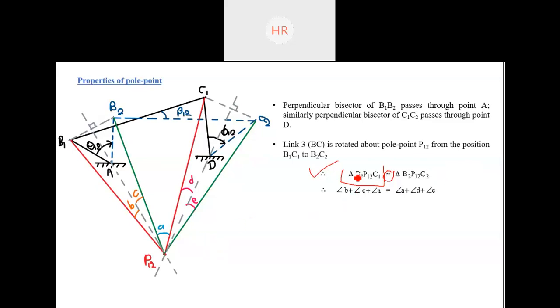Therefore, if you concentrate on triangle B1 P12 C1, which angles will come in it? Angle B plus angle C plus angle A will be equal to angle A plus D plus E. So what you can observe here is that the angle made by link B1 C1 at the pole point, and the angle made by B2 C2 in the second position, will both be the same. That is the property for the pole point.